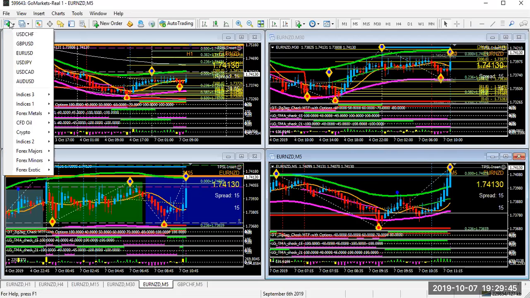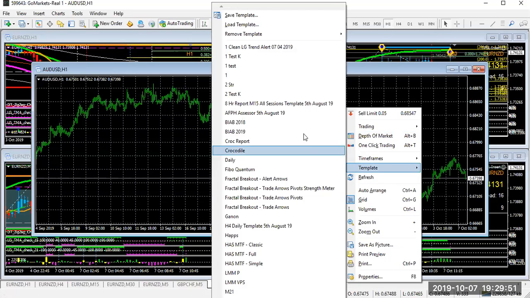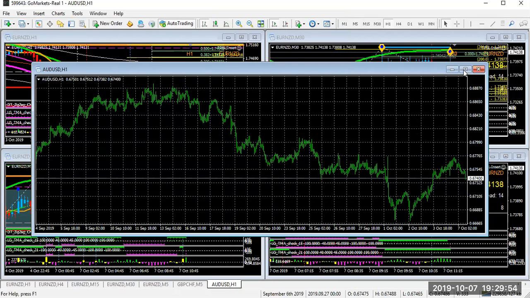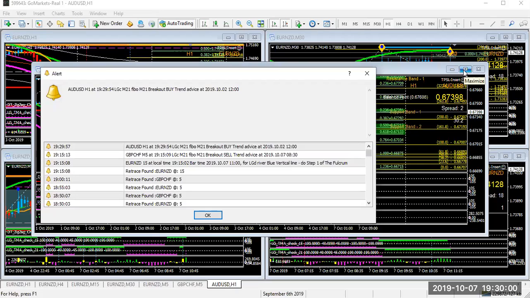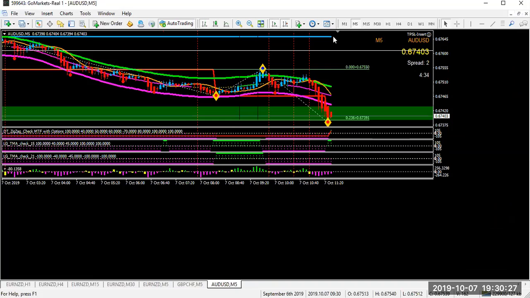I'll just pull one up in Go Markets, might be a bit quicker. So it's that 7:30 where any alerts will happen in the 5-minute, 15-minute and 30-minute intervals.